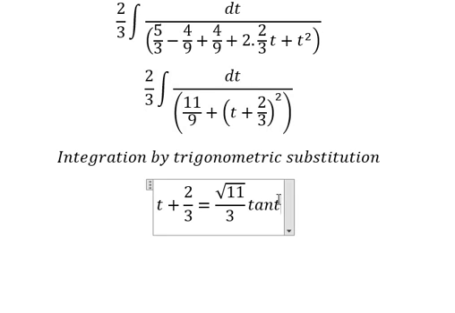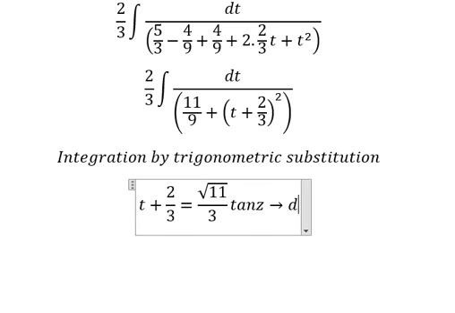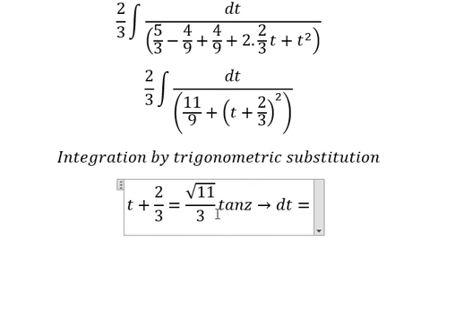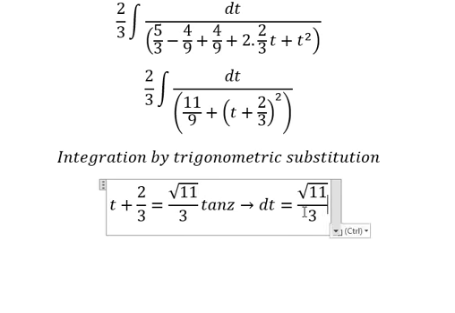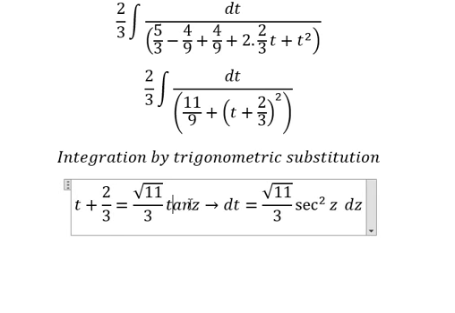Or I will put this one for sec. Now, we need to do first derivative for both sides. First derivative of tan z, you got secant of z square.